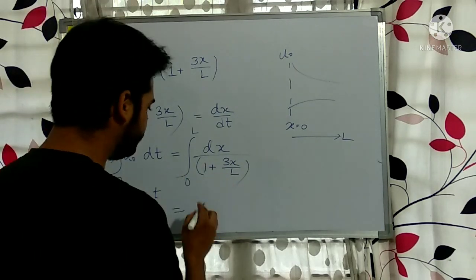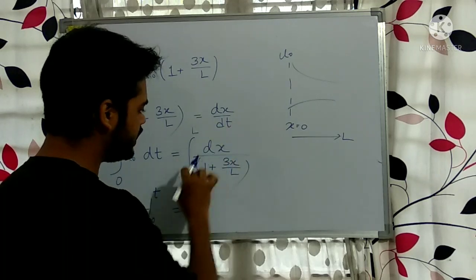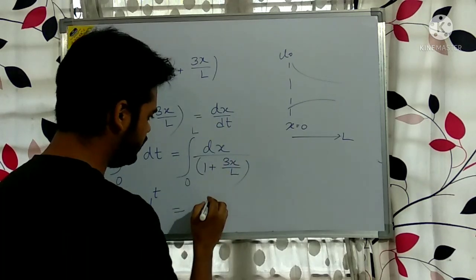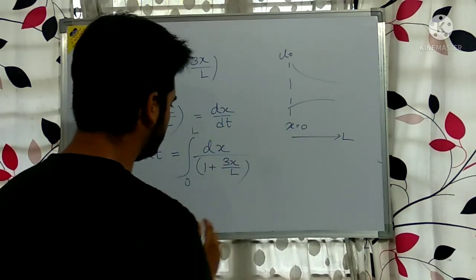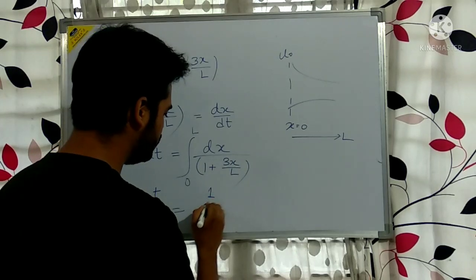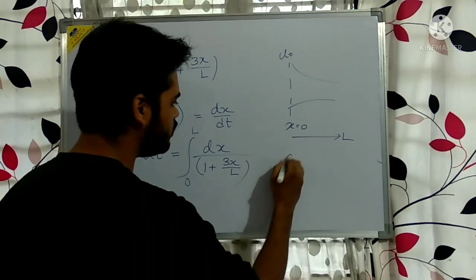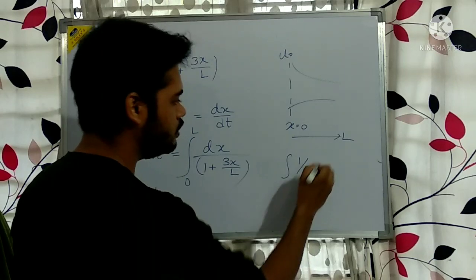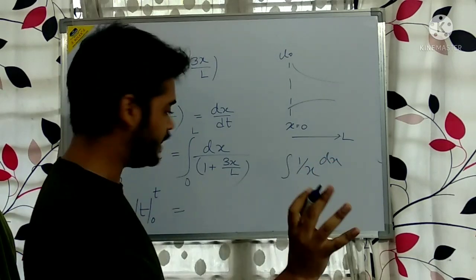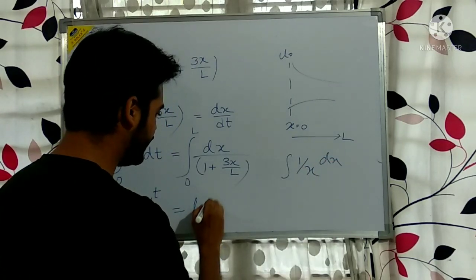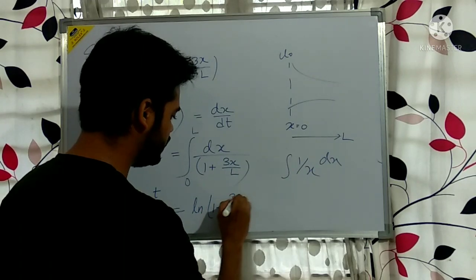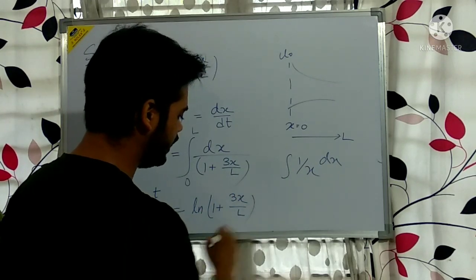Now the right side, integration of 1 by (1 plus 3x by L), how much will it be? Integration of 1 by x dx is ln x. So it will be ln (1 plus 3x by L).